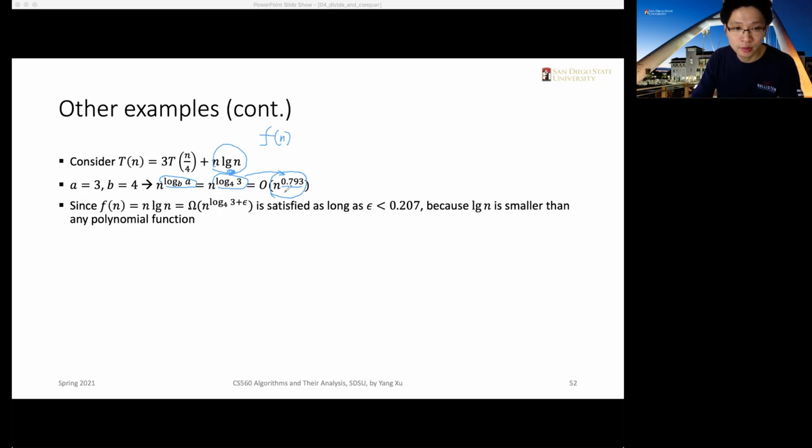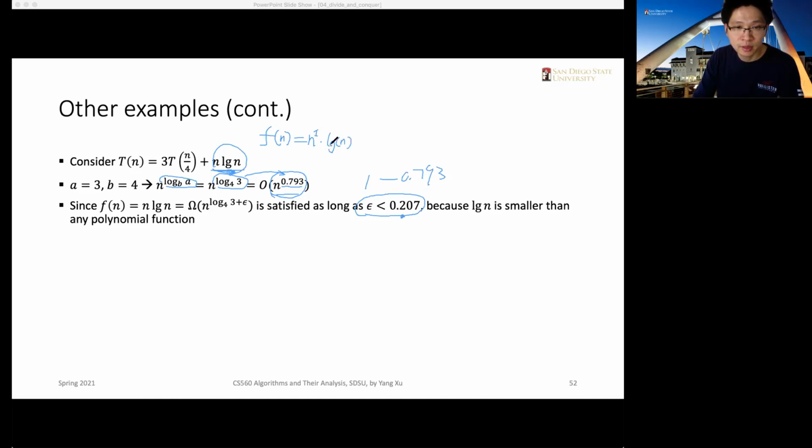polynomially larger than this function, as long as we are looking at epsilons that are smaller than the difference between 1 minus 0.793. Okay, because when we consider n times logarithm of n, it's the product between n, right? N is also n to the power of 1, right? N to the power of 1 times logarithm of n.